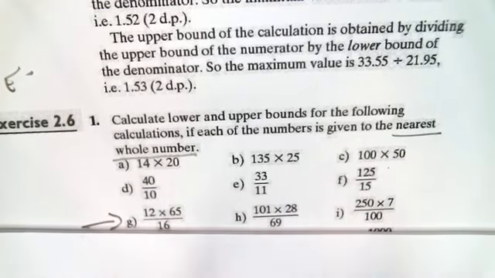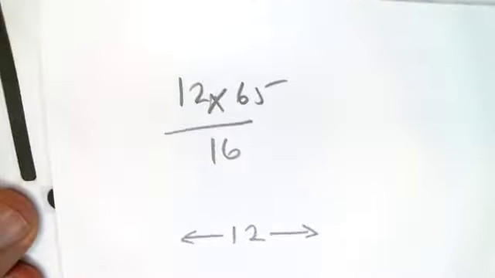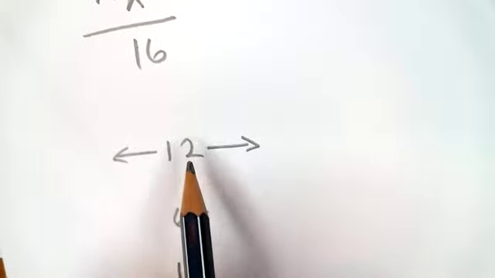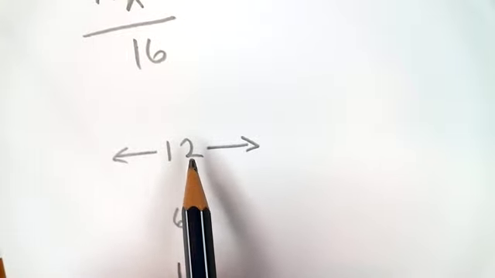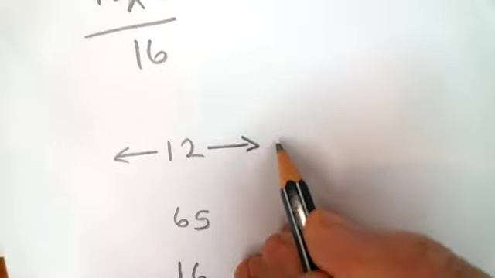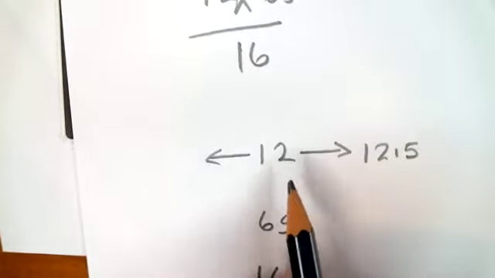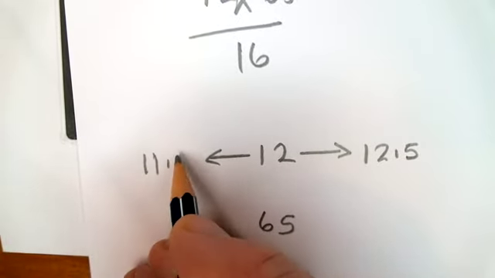So whenever we find the upper and lower bounds, we take the smallest unit here and divide it by 2. And then we add it to this and we subtract from. So the smallest unit is going to be a 1, and we're going to divide it by 2, so it's 0.5. So the most this could be is 12.5. And the least this could be is 12 minus 0.5, which is 11.5.